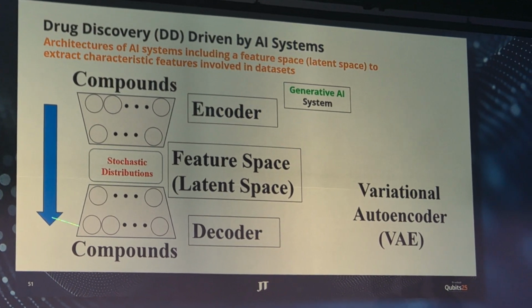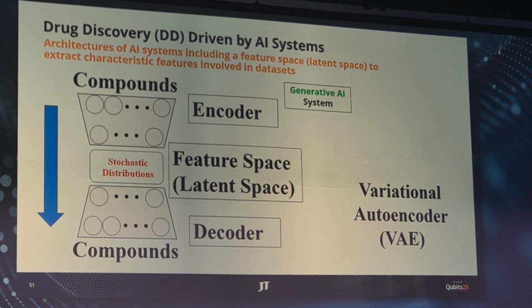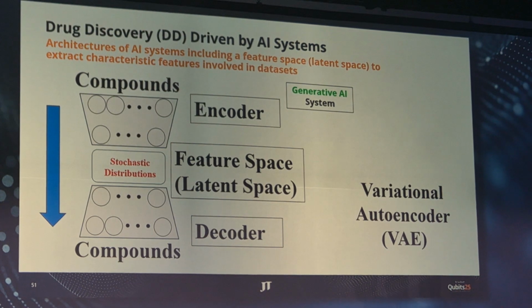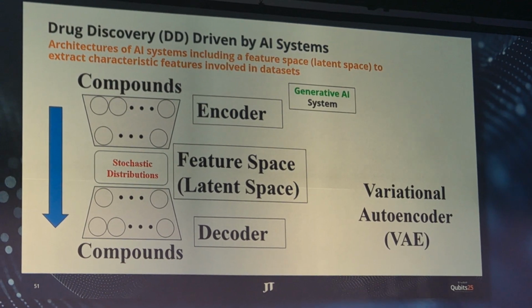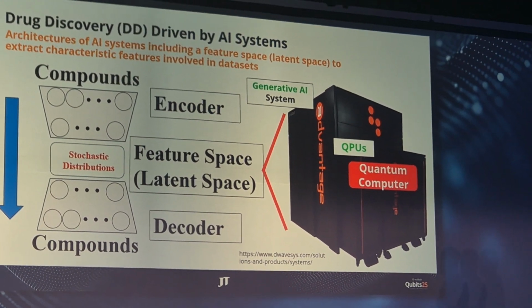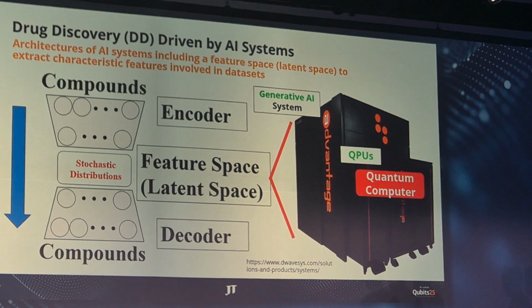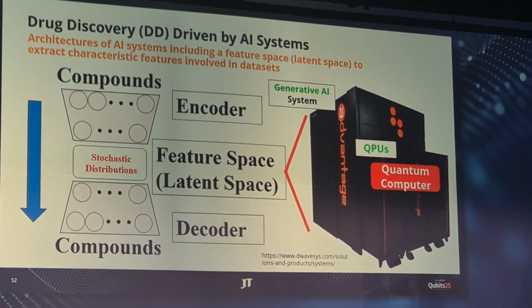This is the most important as I mentioned. So we wanted to extend the power and performance of this feature space. Actually, D-Wave people try to do it. They try to involve the quantum annealing computer to this feature space.